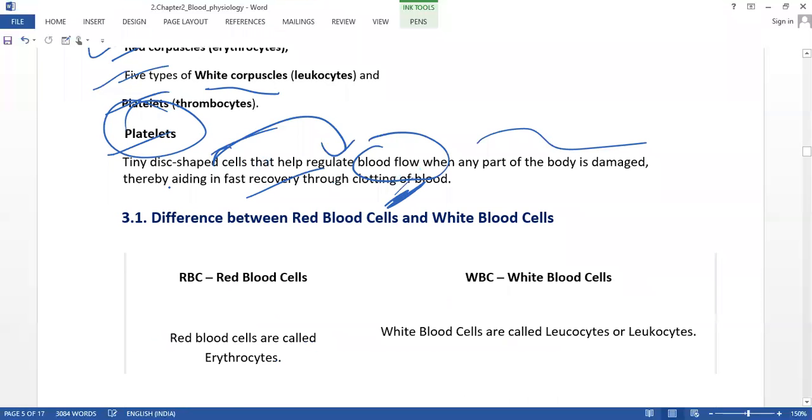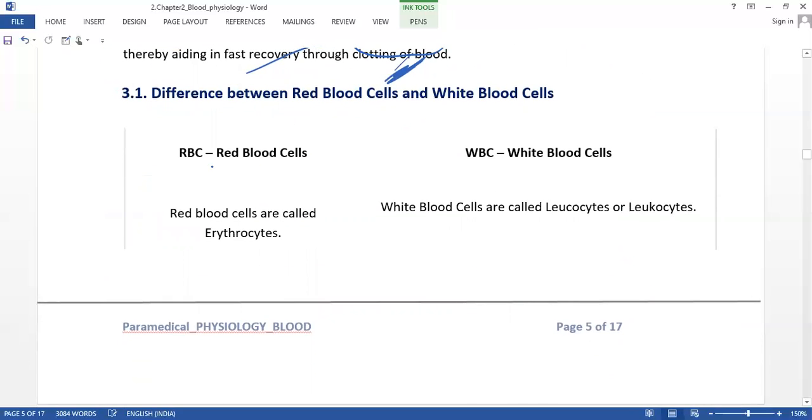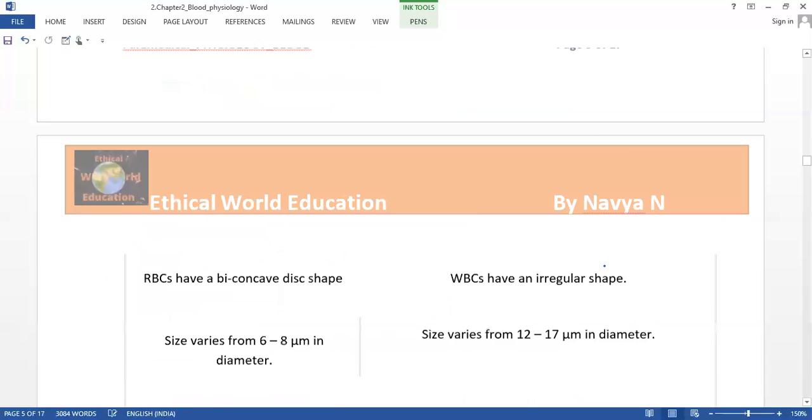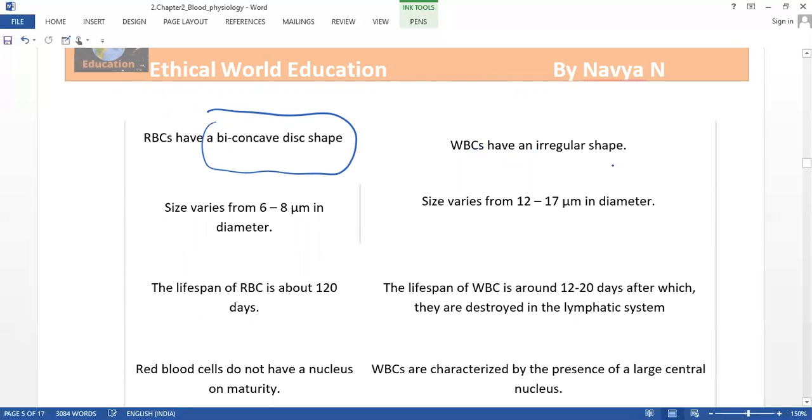Let us know the difference between the red blood cells and the white blood cells. Red blood cells are called erythrocytes, but white blood cells are called leukocytes. RBC have a biconvex disc shape, but WBC may be irregular in shape.